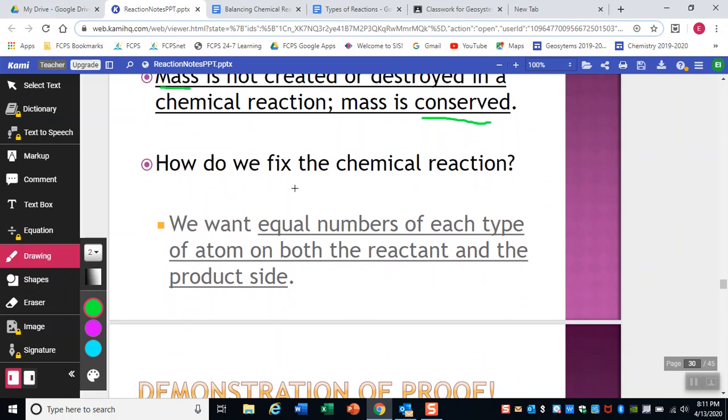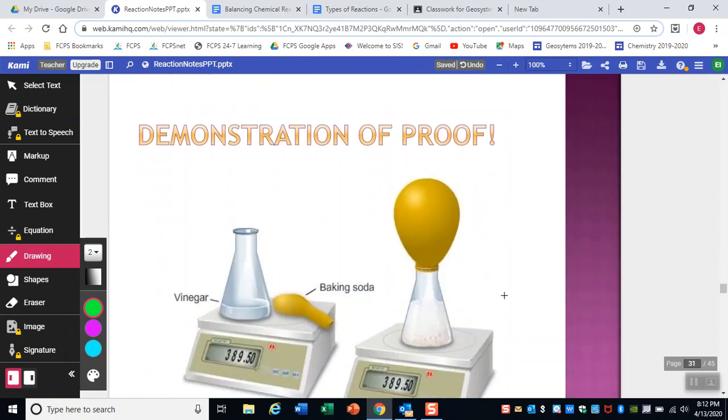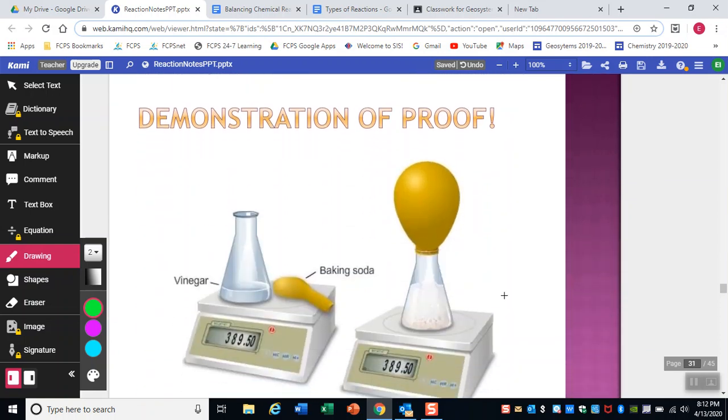So what this has to do with a chemical reaction is that basically you want equal numbers of each type of atom for the reactant and the product side. All right, that is what the conservation of mass means.